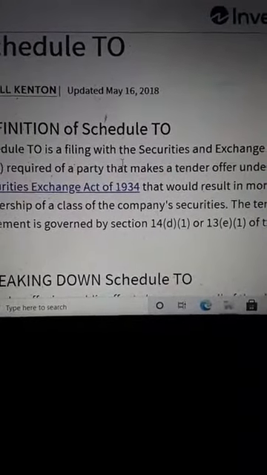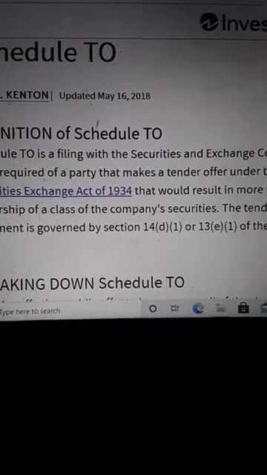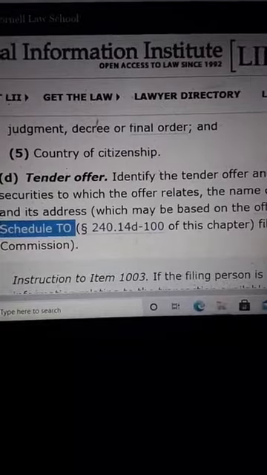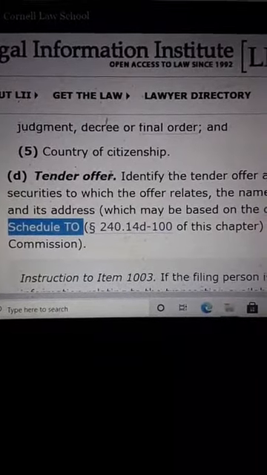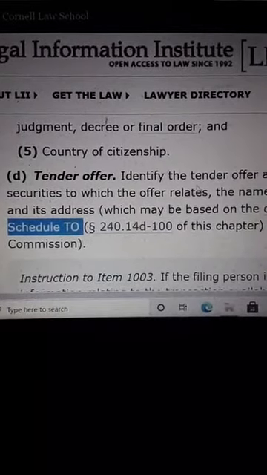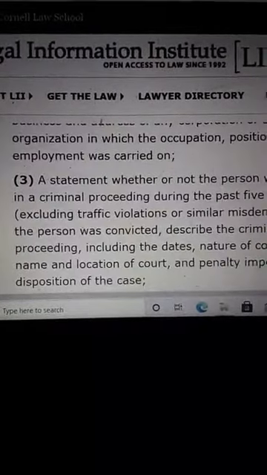This is the idiocy of what's going on, people. Realize what they're doing here. Tender offer. Offer. That's just babble. So I hope that helps you guys out.